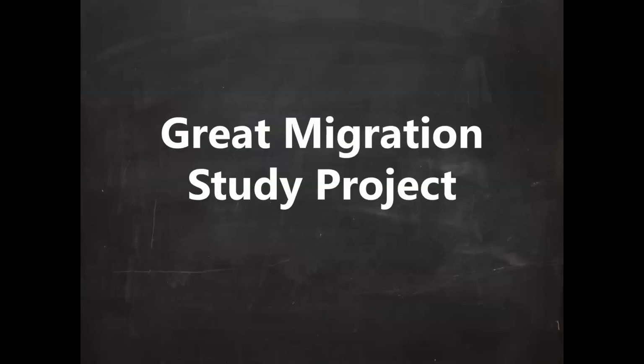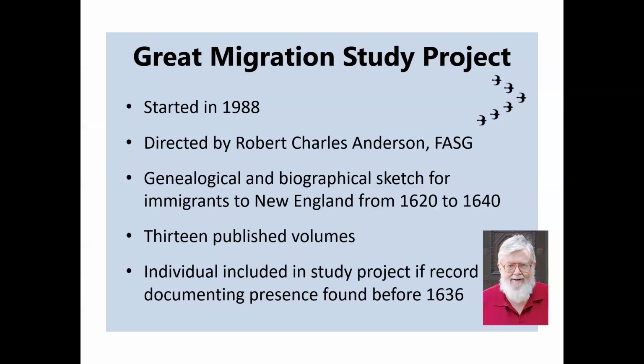Of course, you can't talk about New England without talking about the Great Migration Study Project. Begun in 1988, it was directed by Robert Charles Anderson. He did so much work, genealogical and biographical research and writing of sketches for immigrants to New England.